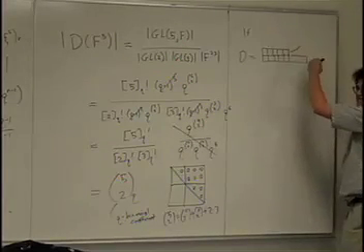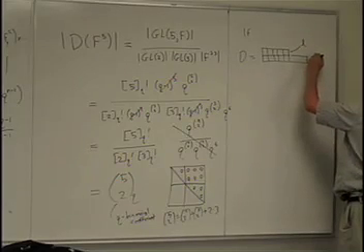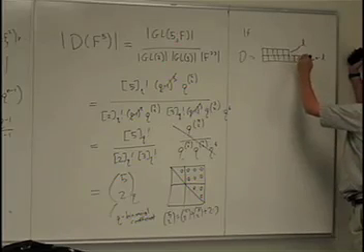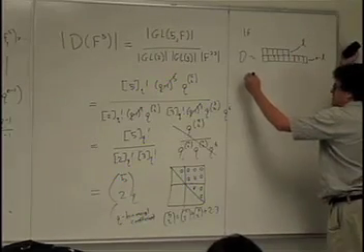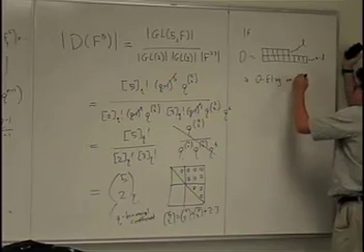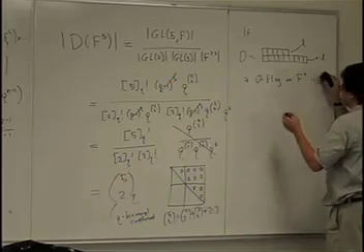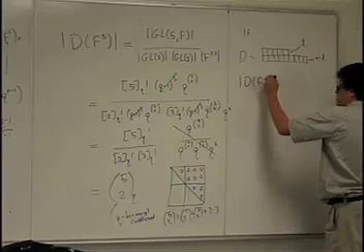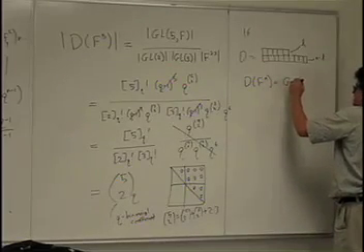I'm going to call it L. So L and N minus L, the number of boxes in these 2 rows. Then the set of all D flags on S to the N is called the Grassmannian.